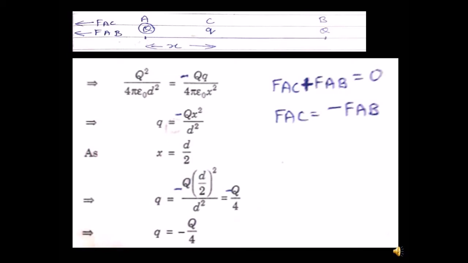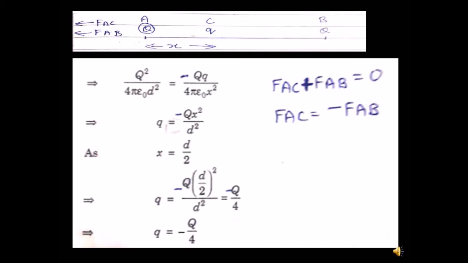Now the values of FAC and FAB we have to write in the equation. Think only about the FAC part of the diagram. The formula of the force between A and C is 1 upon 4 pi epsilon 0, capital Q small q upon distance square.